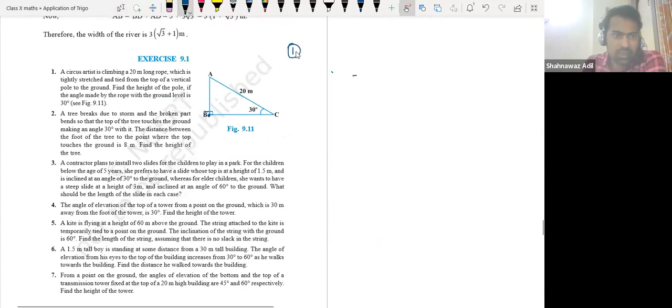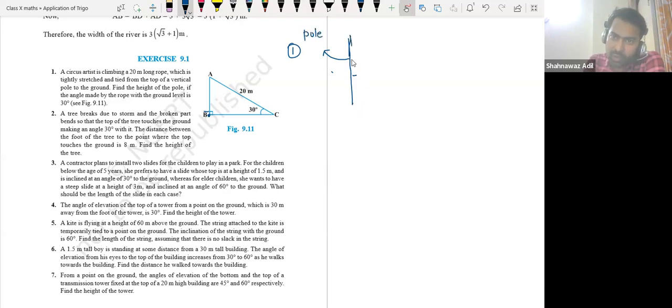A circus artist is climbing a 20-meter long rope, which is tightly stretched and tied from the top of a vertical pole. So first we have to make a diagram of a pole.